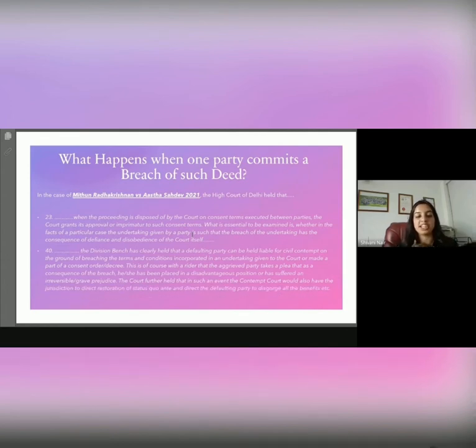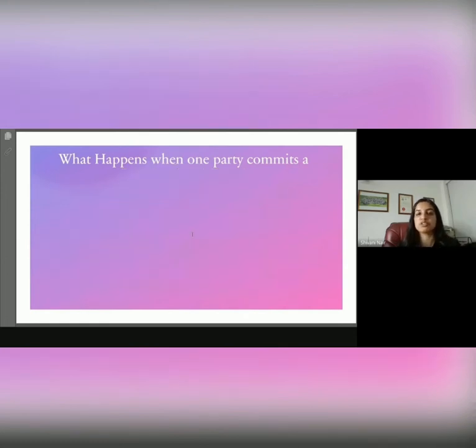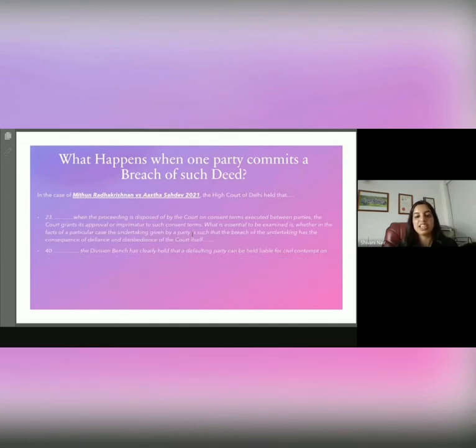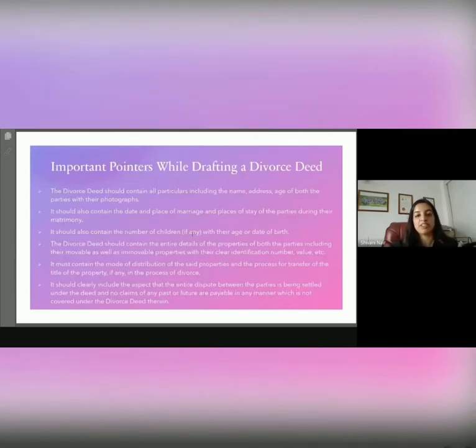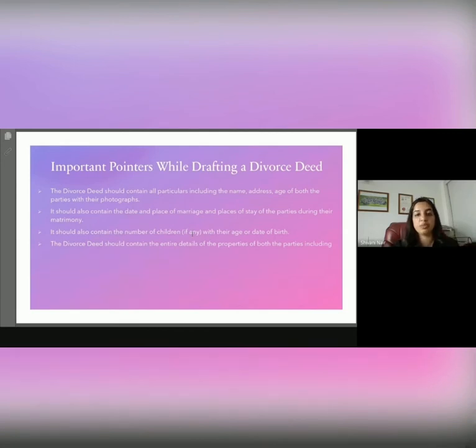The aggrieved party takes a plea that the consequence of the breach would put them in a very disadvantageous position, because this is what was mutually and amicably decided, which was not agreed to by one of the parties. In such a case, party B receives whatever directions the court gives pertaining to the facts of the case, and depending upon whatever decree was passed, the remedies would be given by the court.